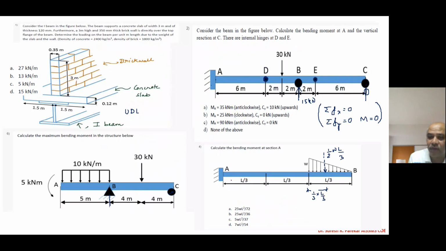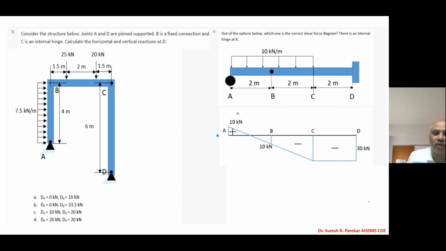And then we have to take moment about A 0, and directly we will get half W into L by 3 into, we have to take L by 3 plus L by 3 plus L by 9, and then we will get value. So questions, if we will see, are very easy. We have to just think of this.